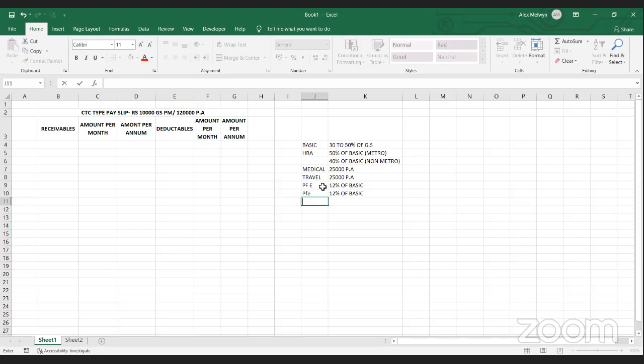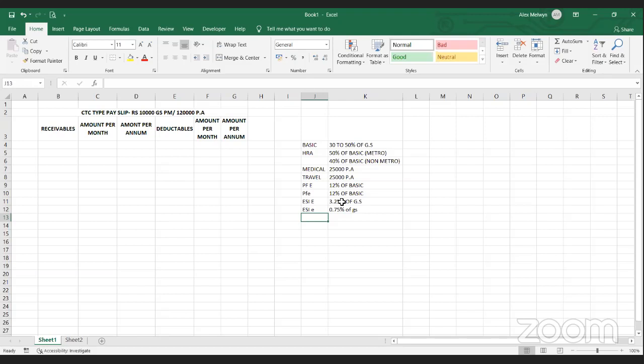Then you have ESI employer, which is 3.25% of gross salary, and ESI employee, which is 0.75%.